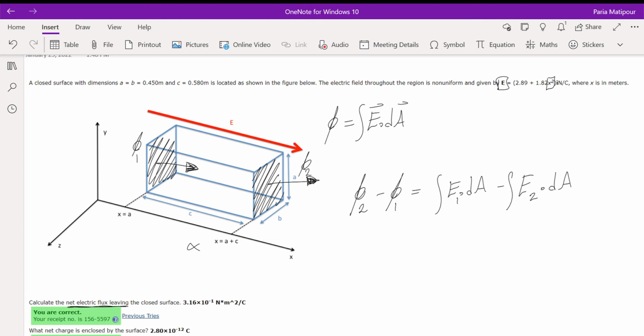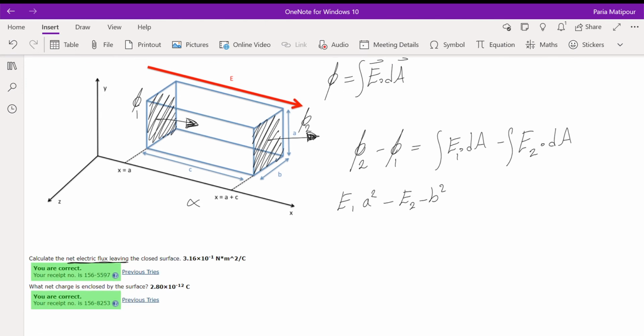So I'm just going to put E1 A, where A squared or B squared are both the same size, minus E2 A squared. For that, we can say A squared times (E1 minus E2).